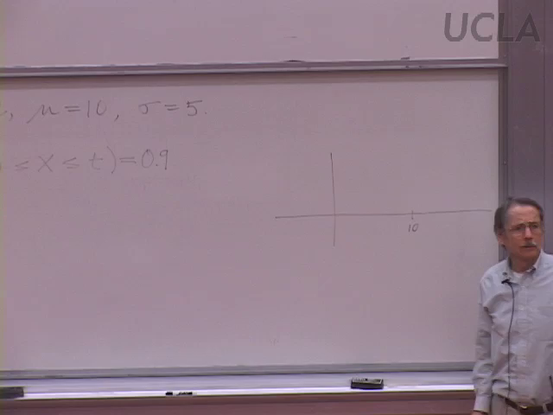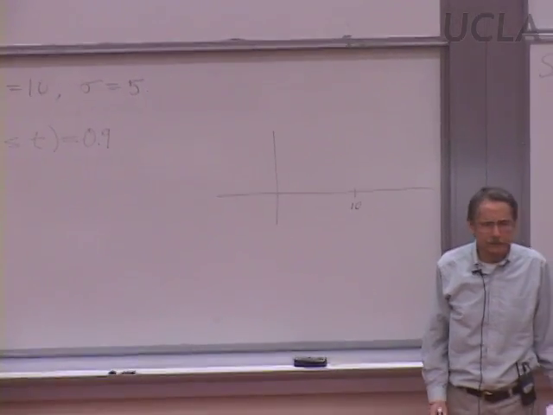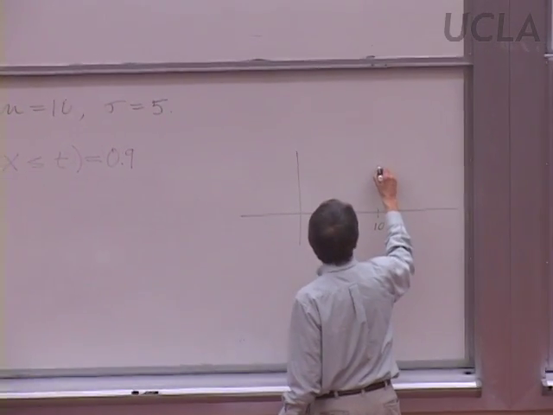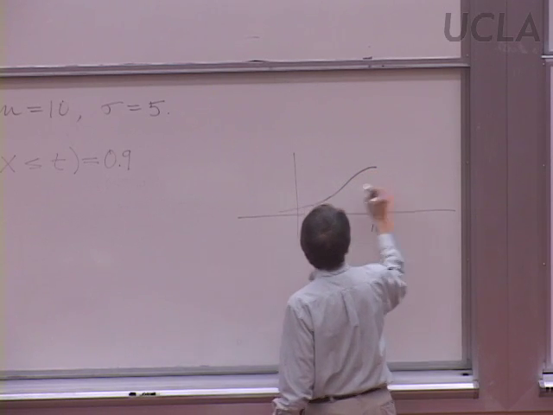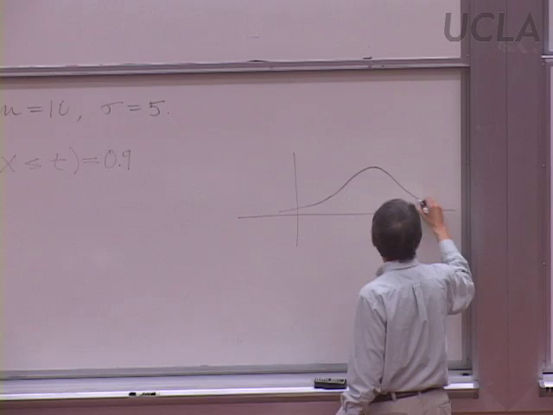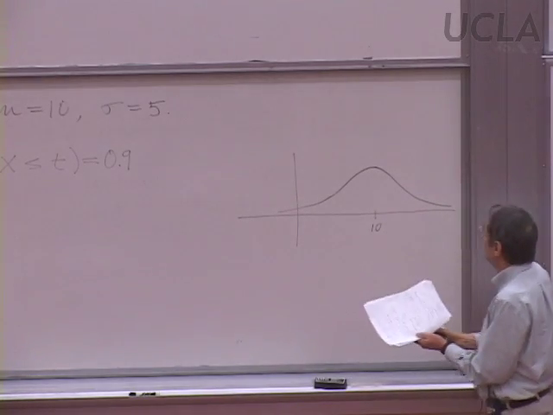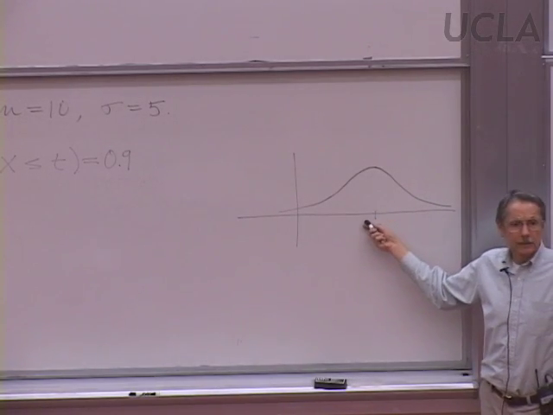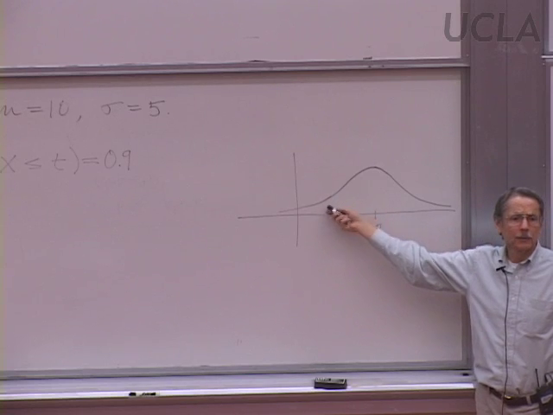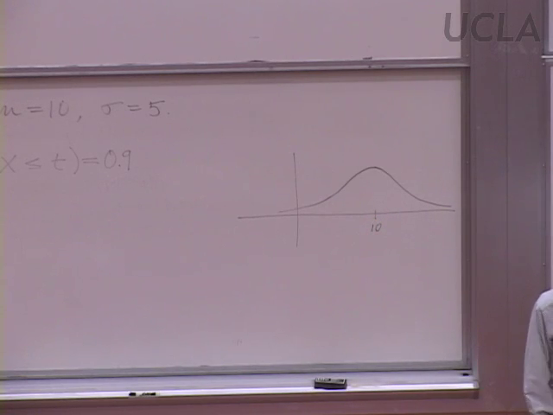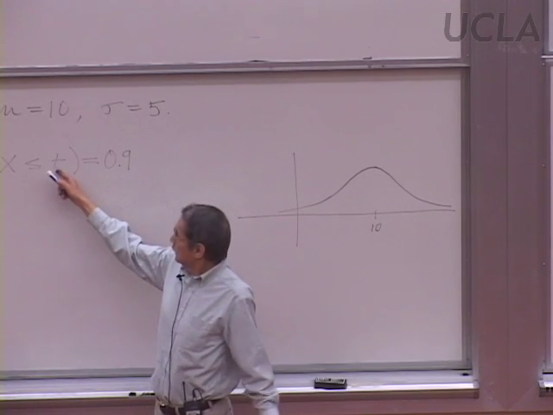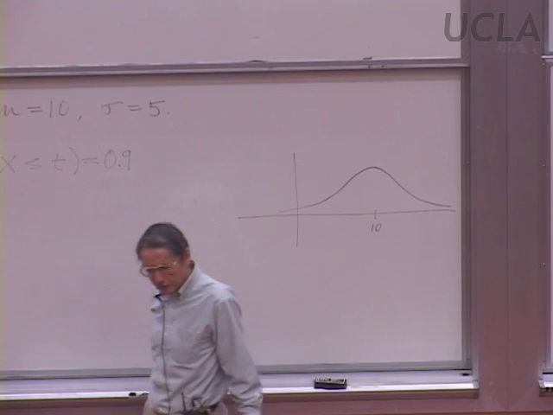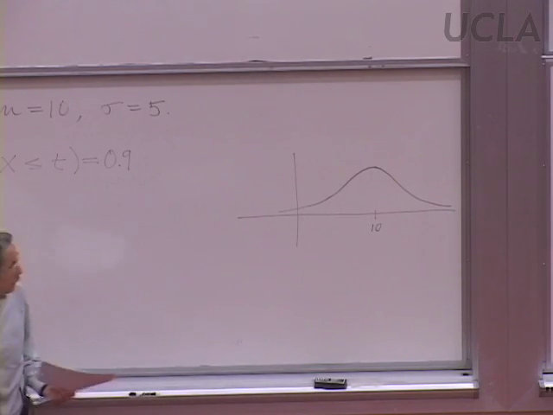Normal distribution with mean 10, standard deviation 5. So the density function is centered at 10, and it has these inflection points at 5 and 15. We want this probability to be 90%.